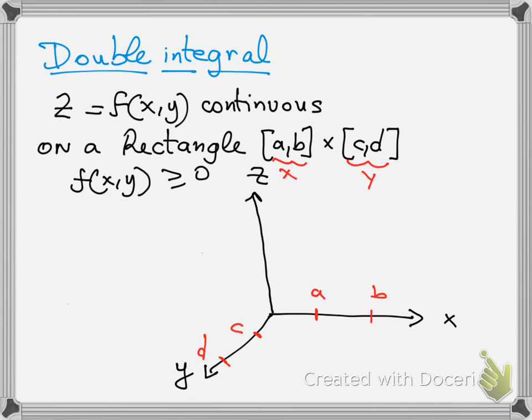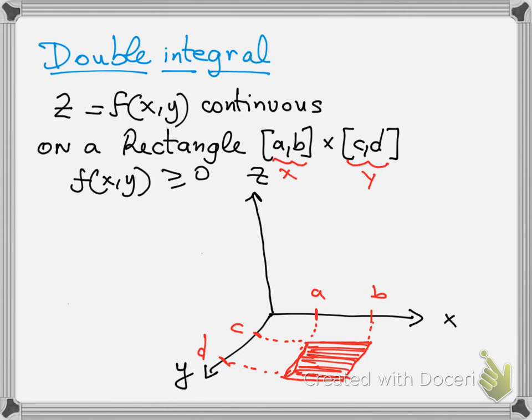So when I say [a, b] cross [c, d], it means the following rectangle. So here, this is abcd, you get this rectangle here, this region here. Okay.